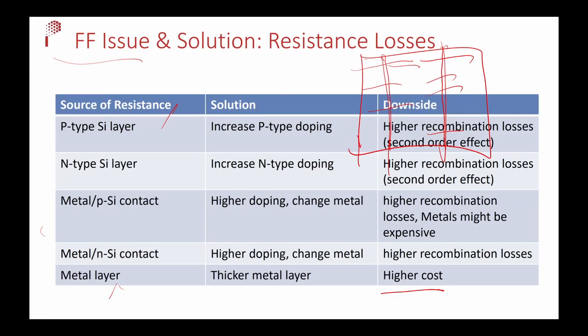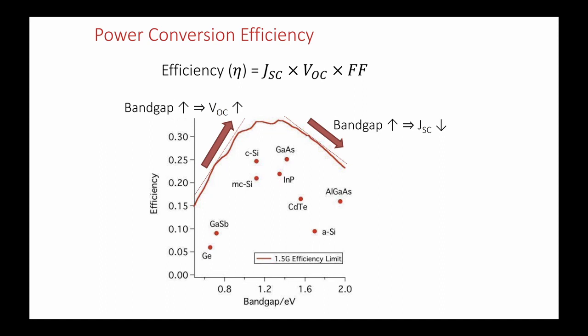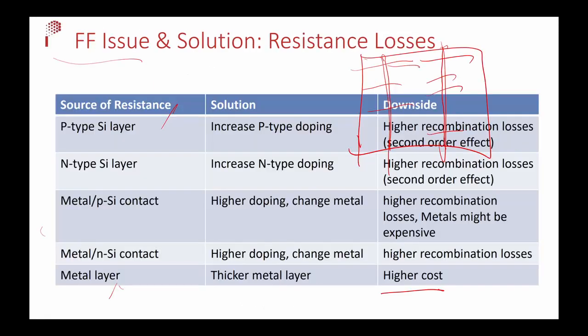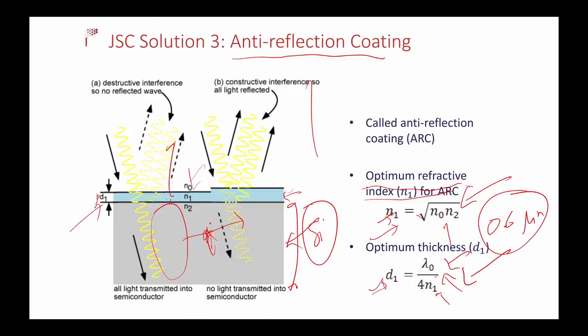Another thing is the power conversion efficiency, which we have already talked about once. The power conversion efficiency is proportional to JSC times VOC times fill factor, divided by the incident power. Just a minute.